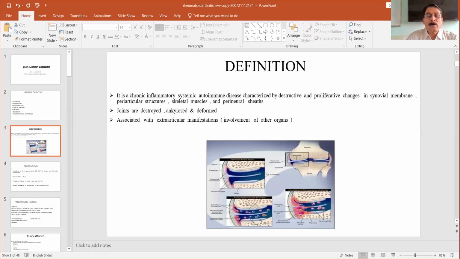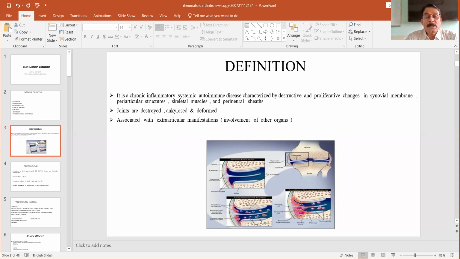So by definition, you all know it is a chronic disabling disorder, a chronic inflammatory systemic autoimmune disease characterized by destruction and proliferative changes in the joints, as well as the extra-articular part also. This extra-articular part, we talk of the system, includes sometimes lung, heart, nerve, liver, so many things.